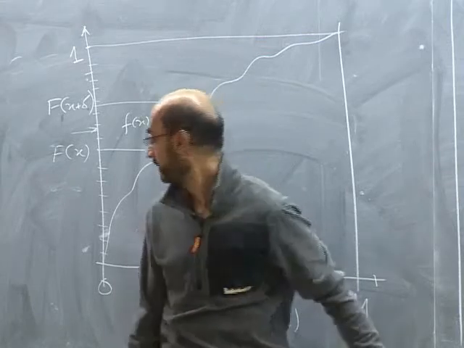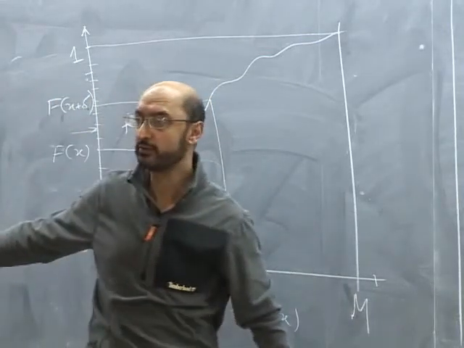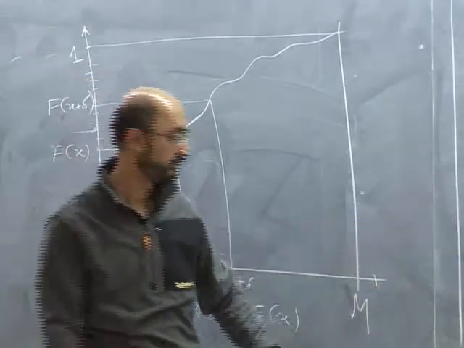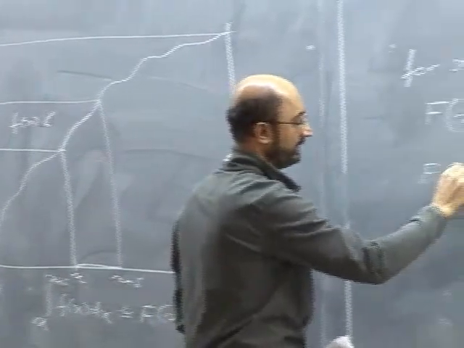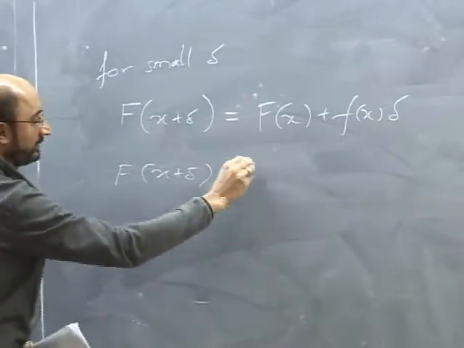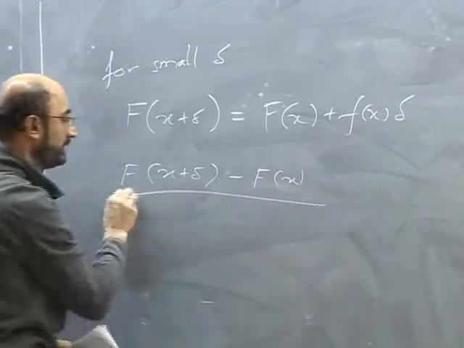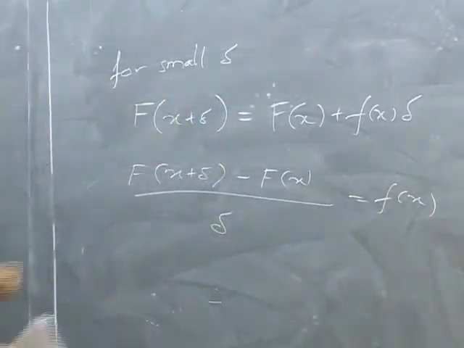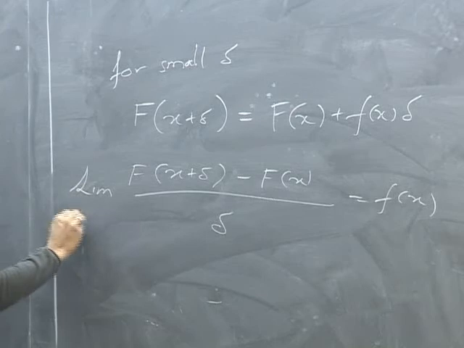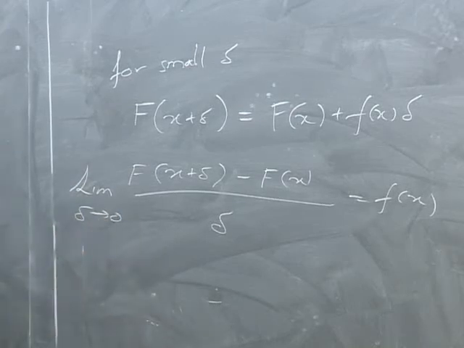It's basically what I wrote over here. I just rewrote this in terms of, okay, you want to write this like this. So F of x plus delta minus F of x over delta is going to be f of x, right? By definition. So if you take the limit, yes, it's the integral.